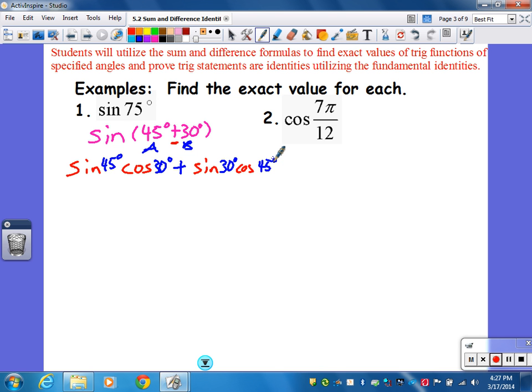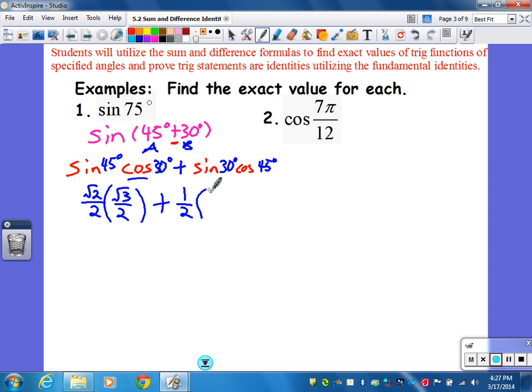Right off the top of your head, you should be thinking unit circle. Sine of 45 degrees, what is the y coordinate? It is the square root of 2 over 2, and then cosine of 30 degrees is the square root of 3 over 2. Now for the other side of the plus sign. Sine of 30 degrees is 1/2.